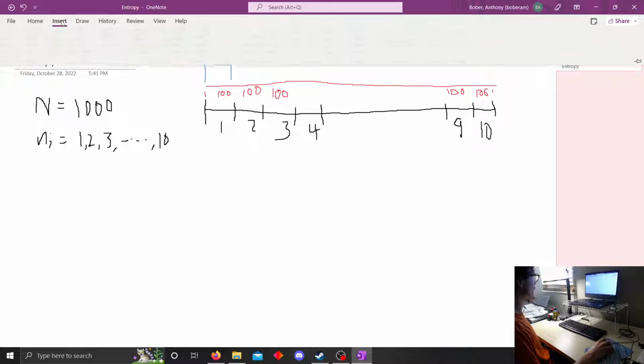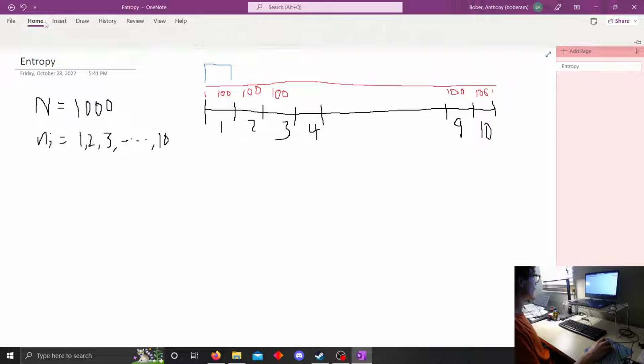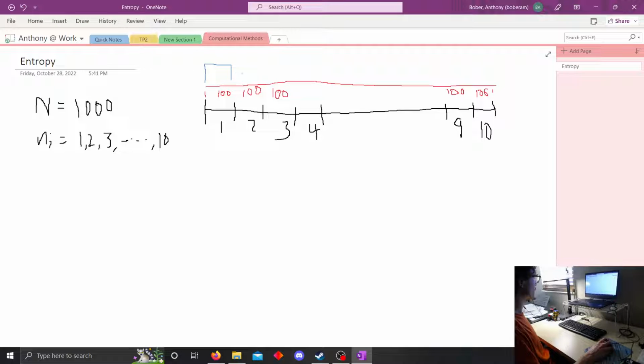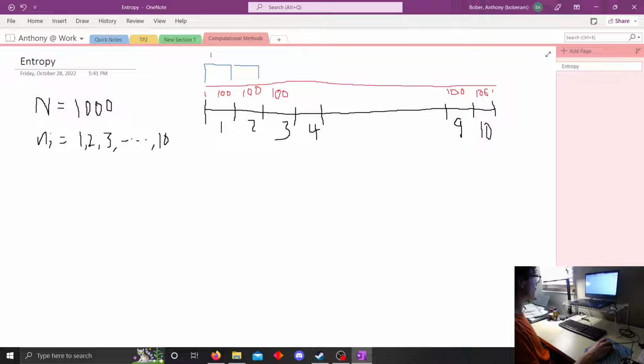Or, to make it a little easier, another possibility is that half the class got a 1 and half the class got a 2.